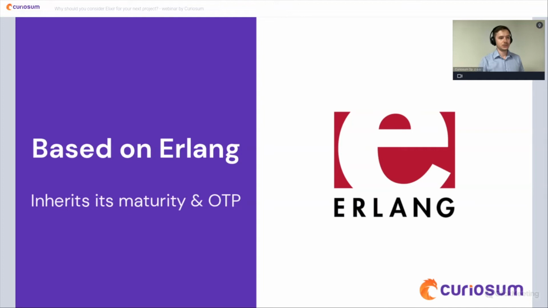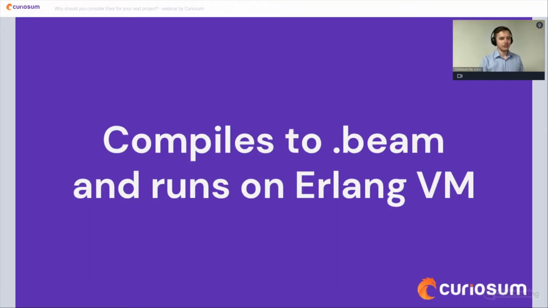So he used Erlang to build Elixir. So Elixir is built on top of Erlang. It compiles to Beam and runs on the Erlang VM. So eventually we have code that is compiled to a Beam file, and there is the Erlang virtual machine, that's how it's called, that's interpreting this Beam file and running the program.